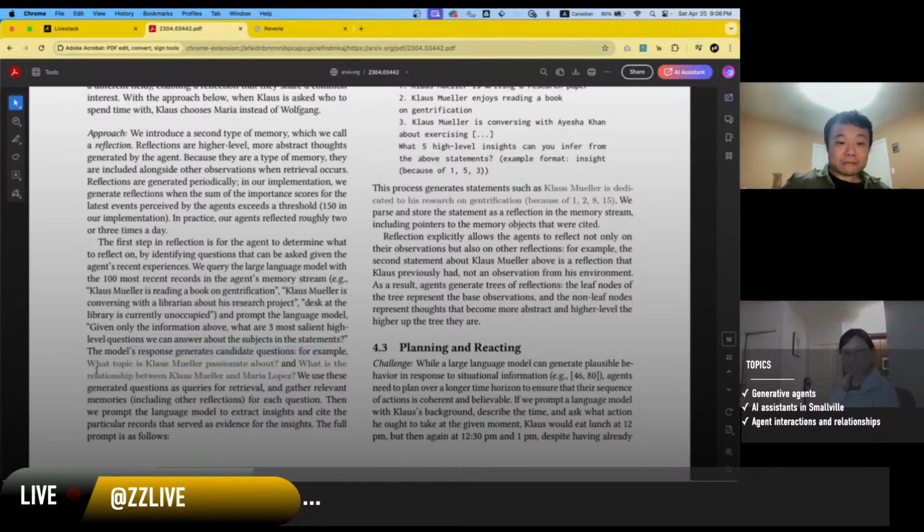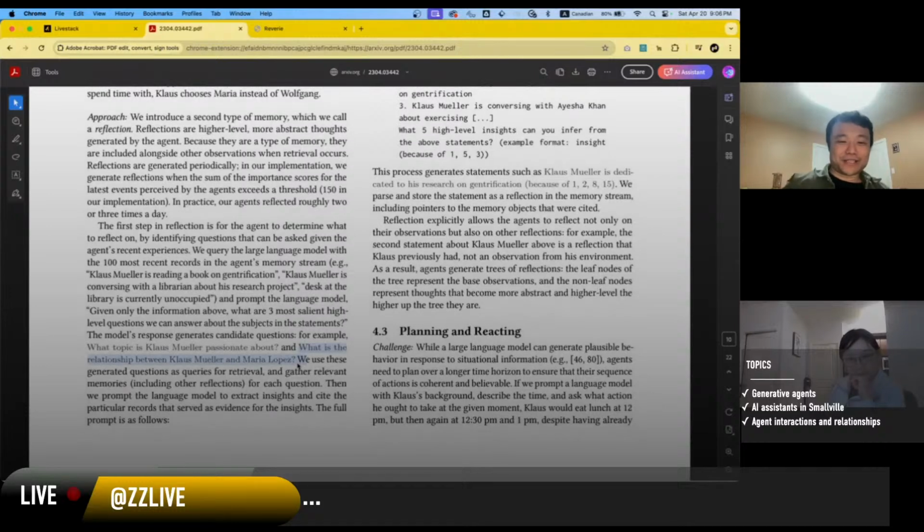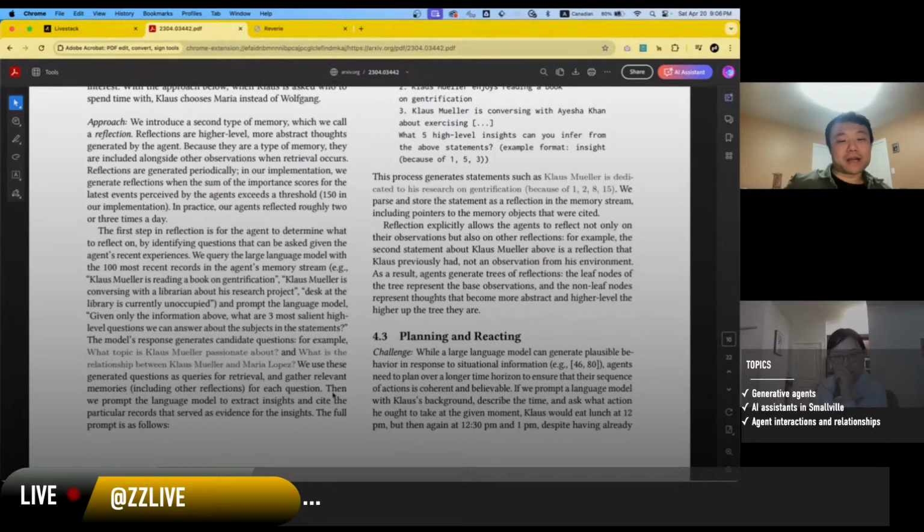For example, what topic is he passionate about? What is the relationship between Klaus Muller and Maria Lopez? We use these generated questions as queries for retrieval and gather relevant memories, including other reflections, for each question. Then we prompt the language model to extract insights and cite the particular records that serve as evidence for the thought.